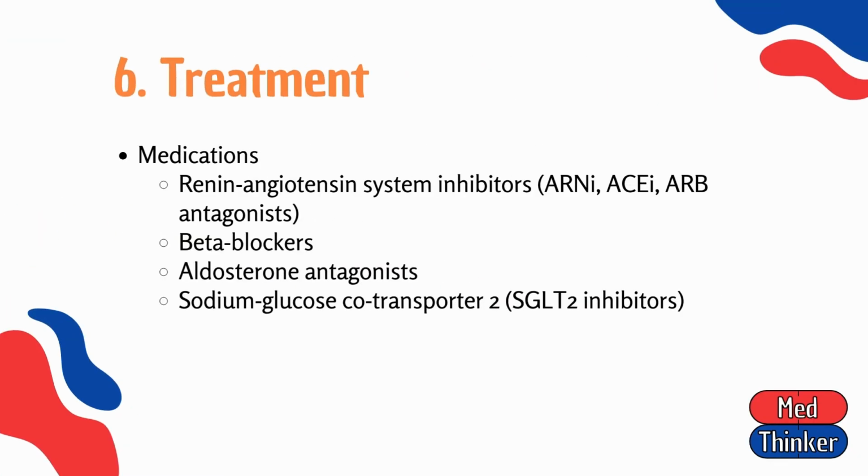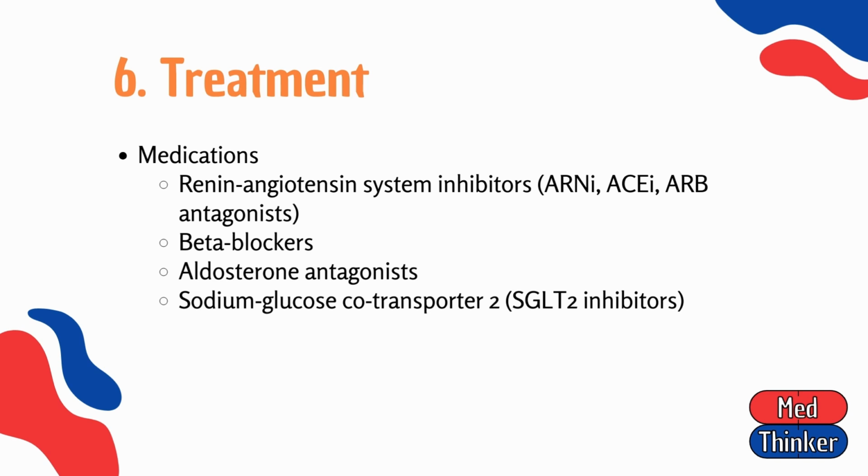In terms of treatment, here I've put the list of medications that you will most often see patients on. So we have renin-angiotensin system inhibitors like ARNI, ACE inhibitors, ARB antagonists. We have beta blockers, aldosterone antagonists, and sodium glucose cotransporter 2 inhibitors.